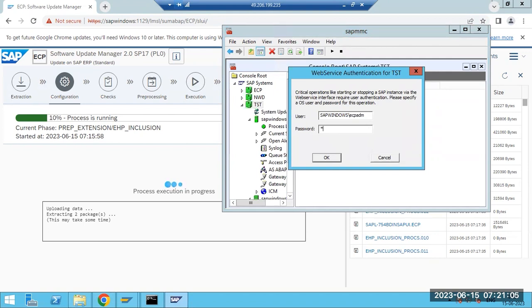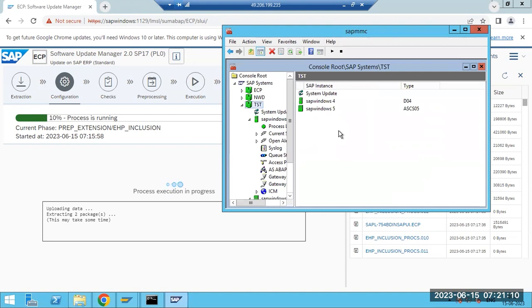That's why I'm stopping the TST system. Since the upgrade is running here, it will create one more instance, the shadow instance, so we don't have much memory. That's the reason other systems become slow as well. So I'm stopping the TST to release some memory so that the system will be fast.